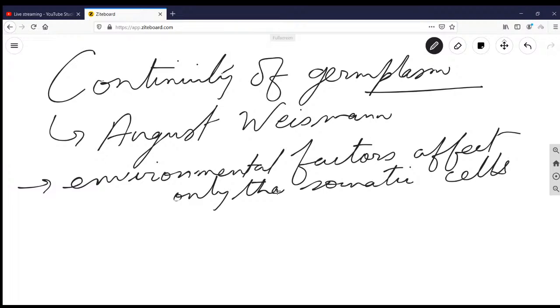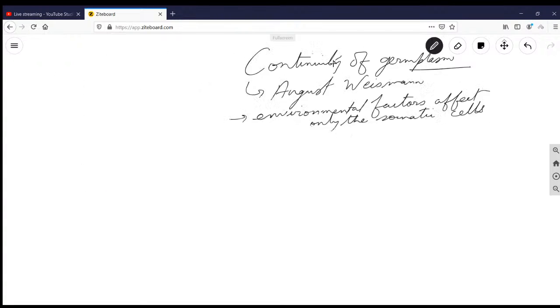It was given by various scientists, T.H. Morgan, Spencer, Packard, and others. So Neo-Lamarckism, what did that say? Postulates of Neo-Lamarckism.